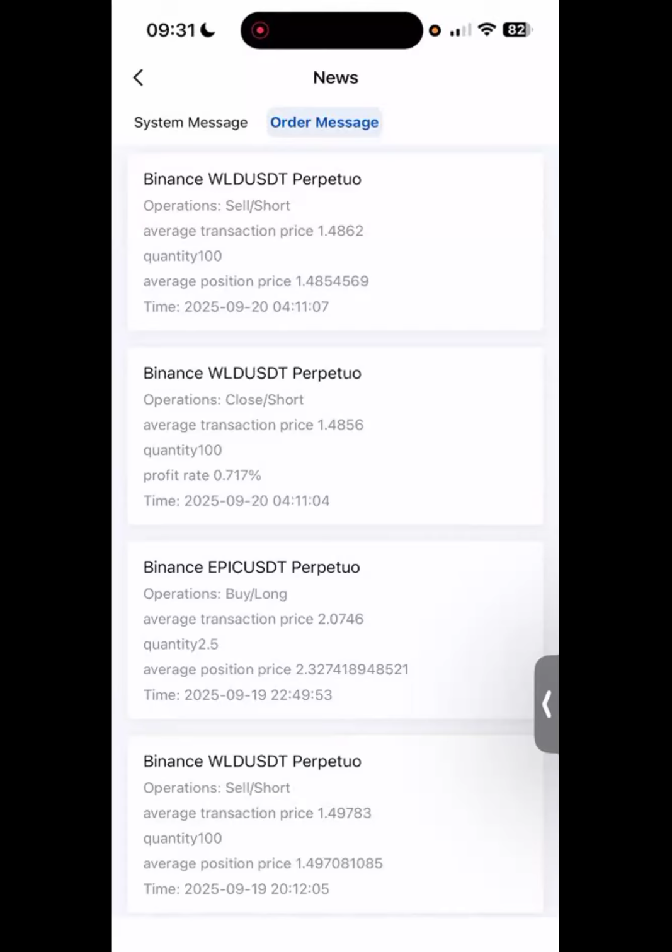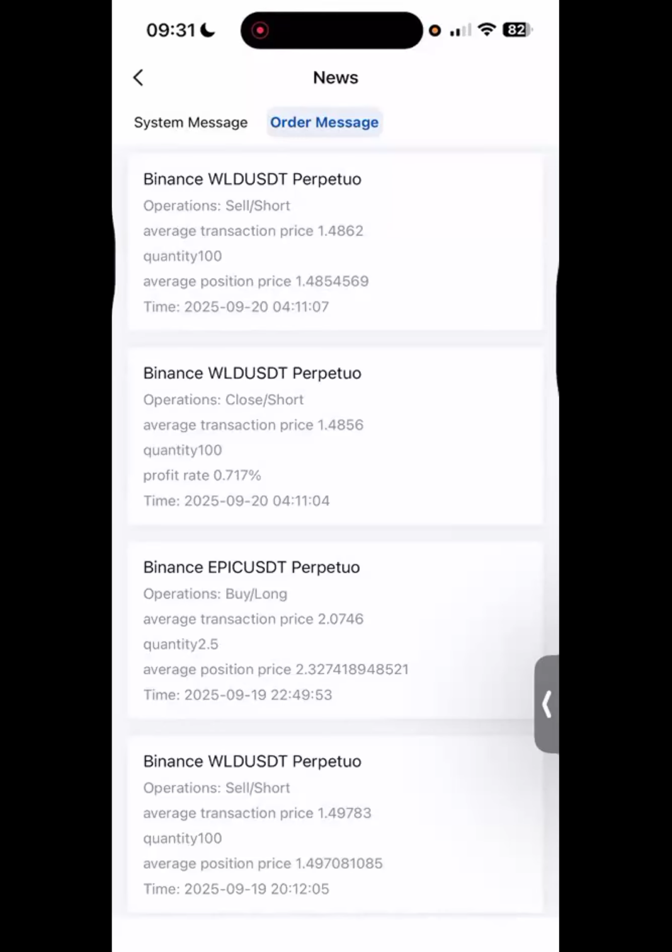But once the market goes up, it sells for you. With the futures, it's a very risky market, so you need to be good with your risk management to be able to trade on that aspect. For these two types of markets, if you are trading on them, the robot alerts you under the order message.